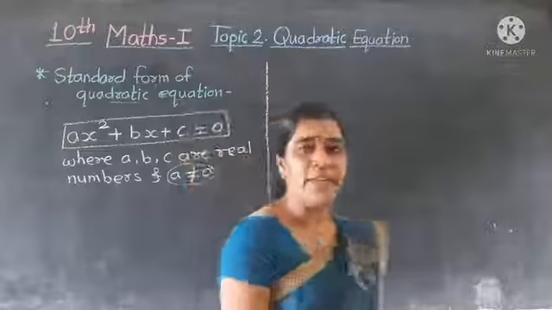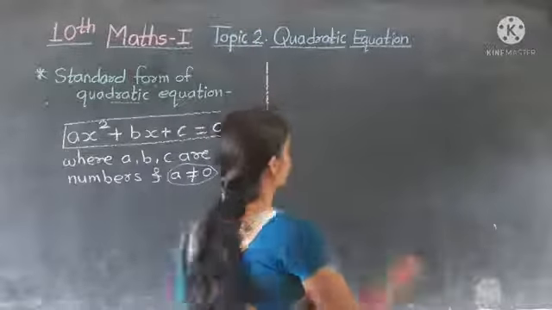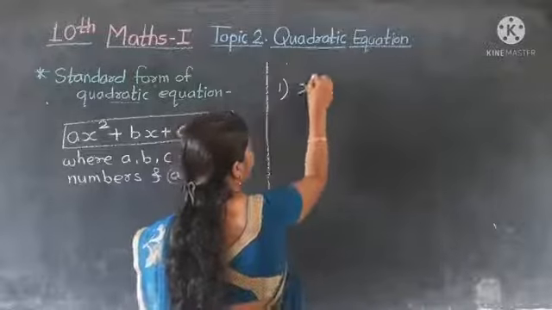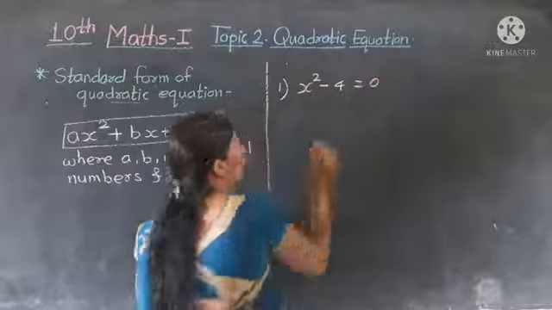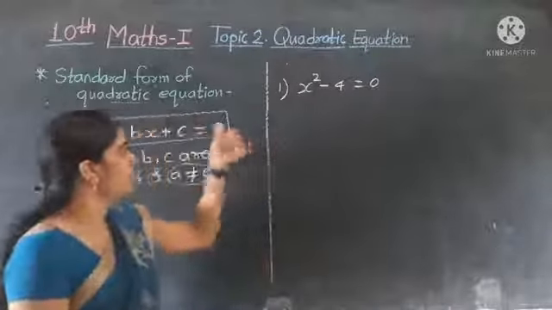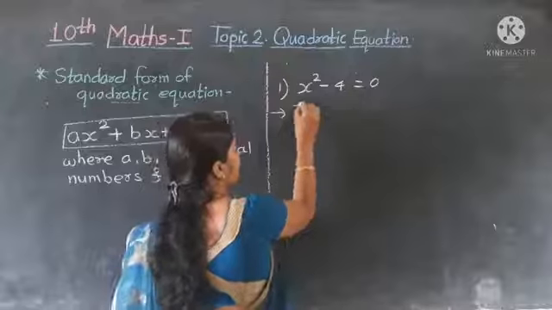So you can write any equation in standard form. For example, if you write x square minus 4 is equal to 0, we have to write this in the standard form. So how do we write the standard form?